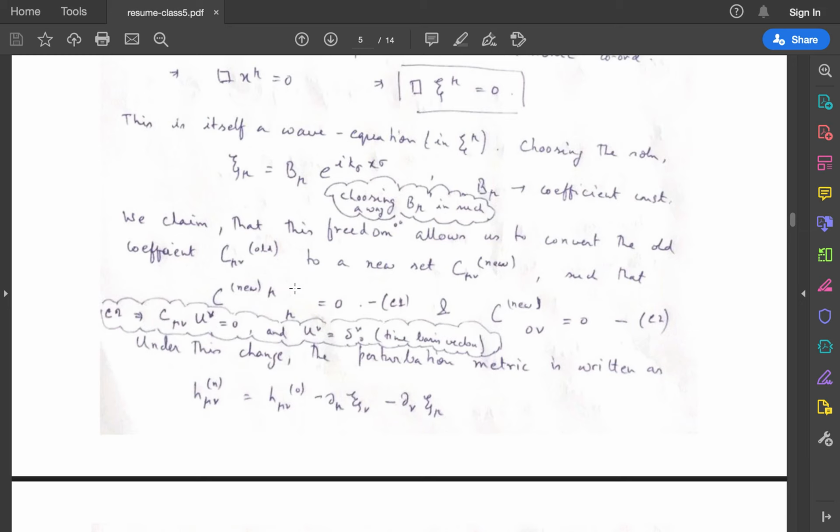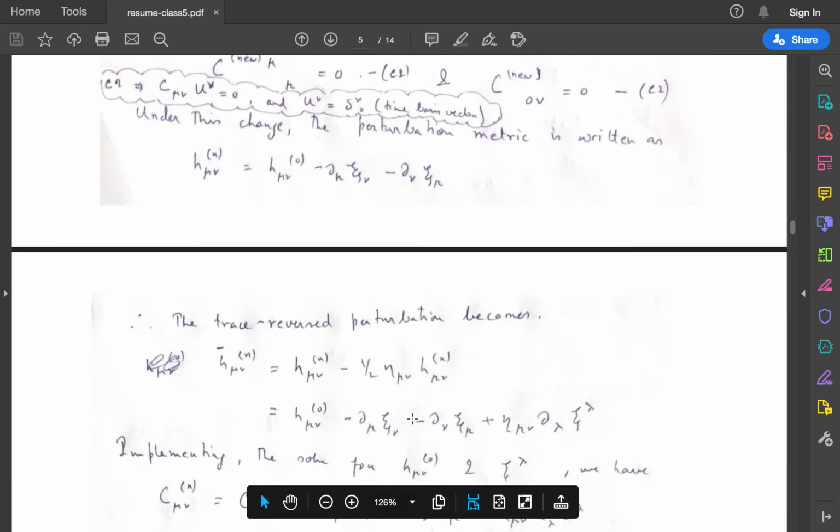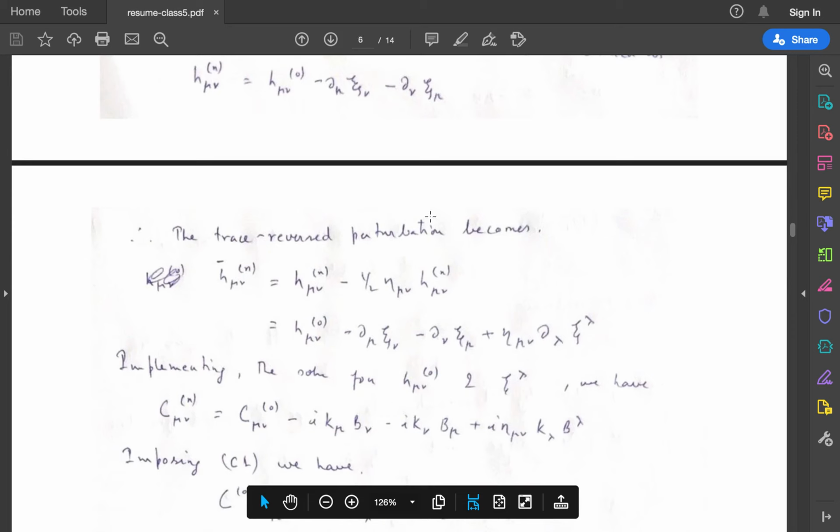Under this type of new conditions, let us see how the perturbation metric now looks. N means new, O means old. So h mu nu new is nothing but h mu nu old minus del mu zeta nu minus del nu zeta mu. This is the ordinary perturbation.